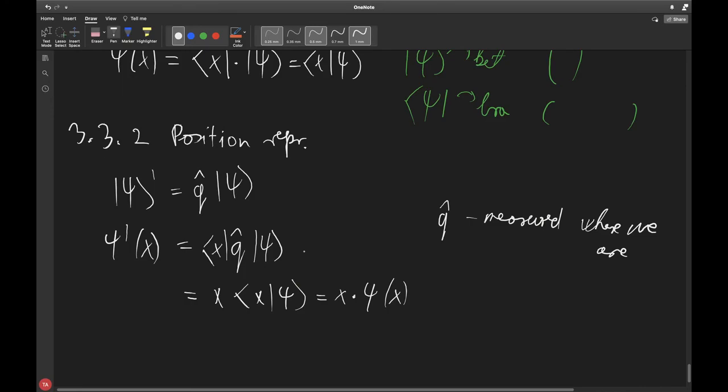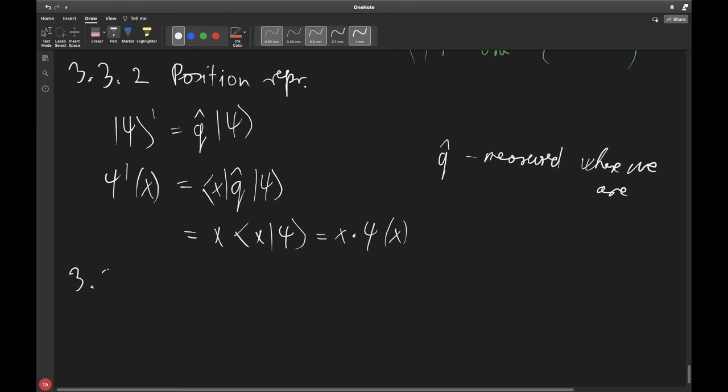This is very important. The measurement is some operator, where operator just means that you do something with something. That something that we do here is that we multiply with x, the position. That's how we represent measuring the position. Measuring the position, again, I repeat, is just multiplying with the position.